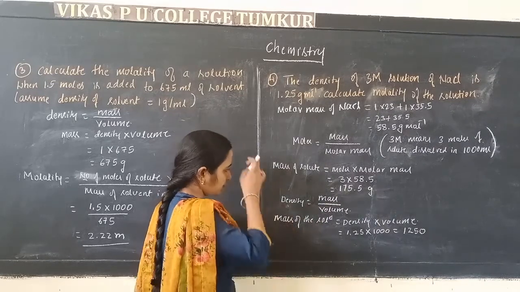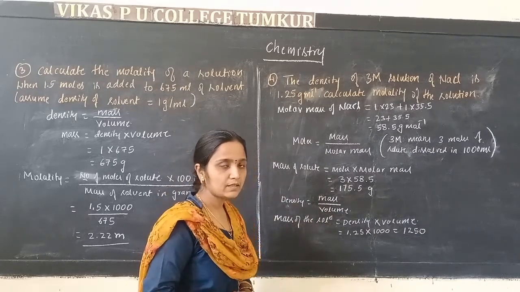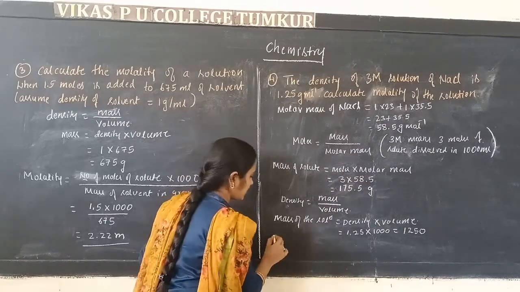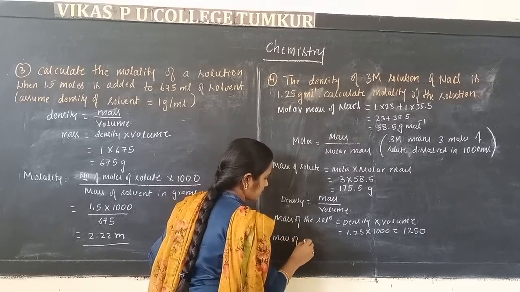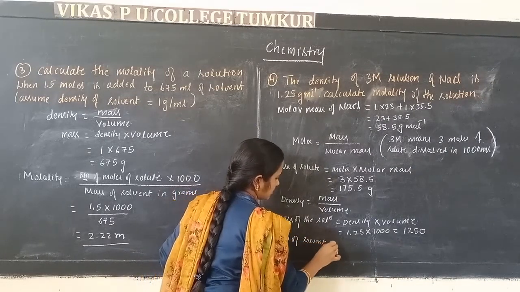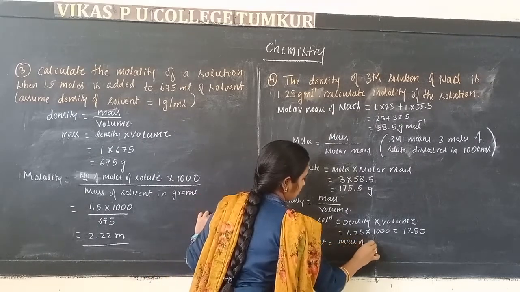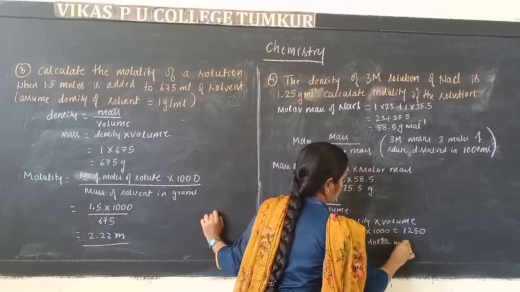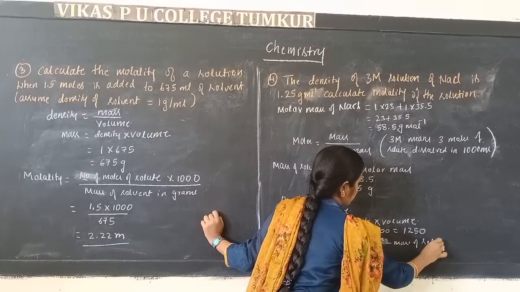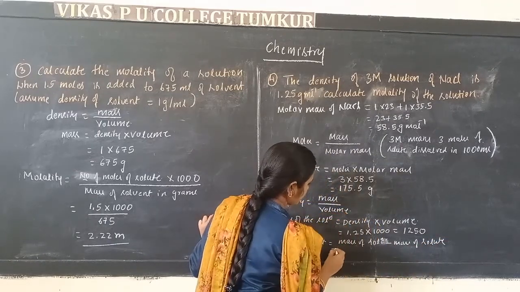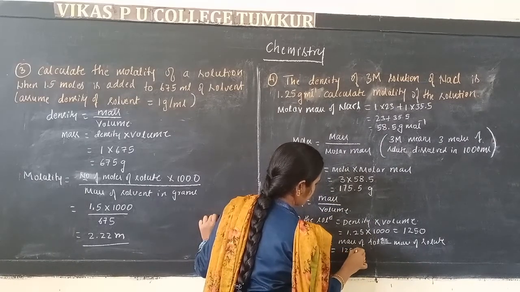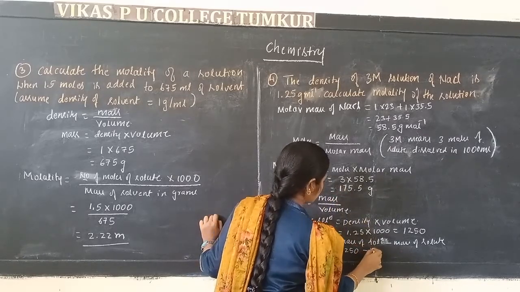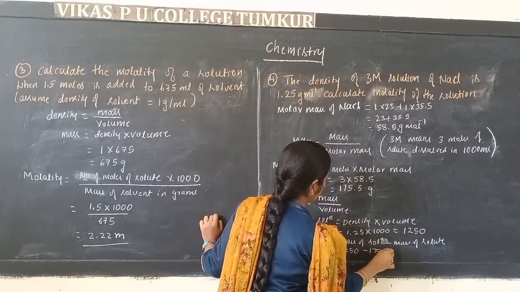Then we know the mass of the solution now. Then we can find the mass of the solvent. The mass of the solvent is equal to mass of the solution minus mass of the solute. We got 1250 minus the mass of the solute, that is 175.5.